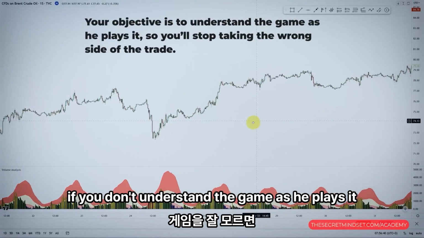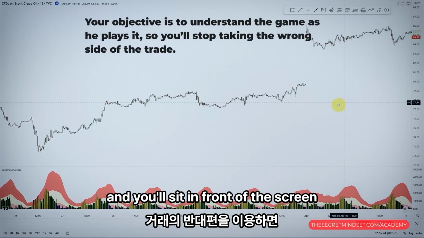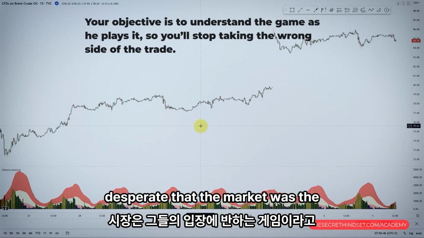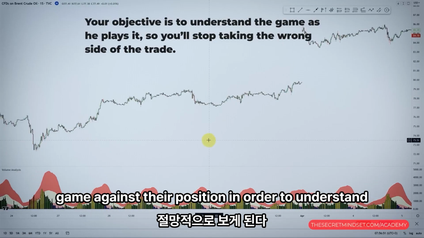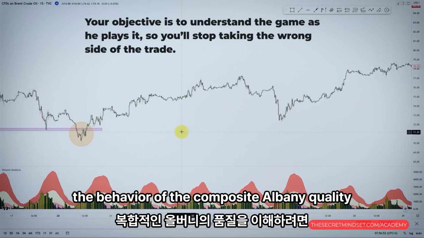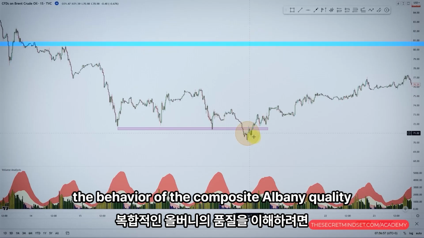If you don't understand the game as he plays it, you'll take the wrong side of the trade and will sit in front of the screen, desperate that the market moves once again against your position. In order to understand the behavior of the composite man, you need to understand the concept of liquidity.